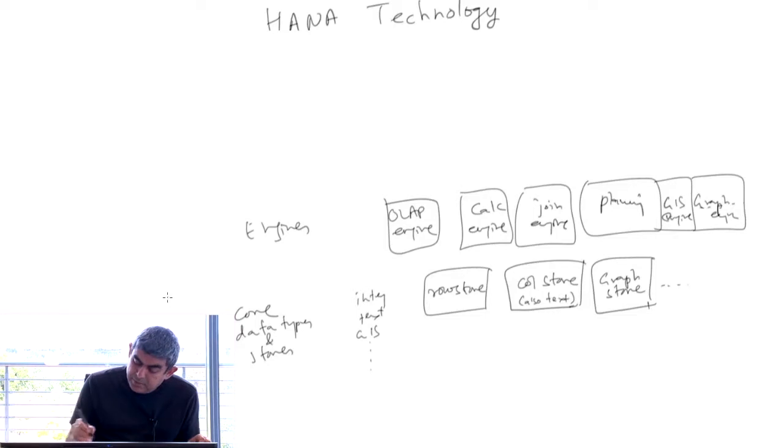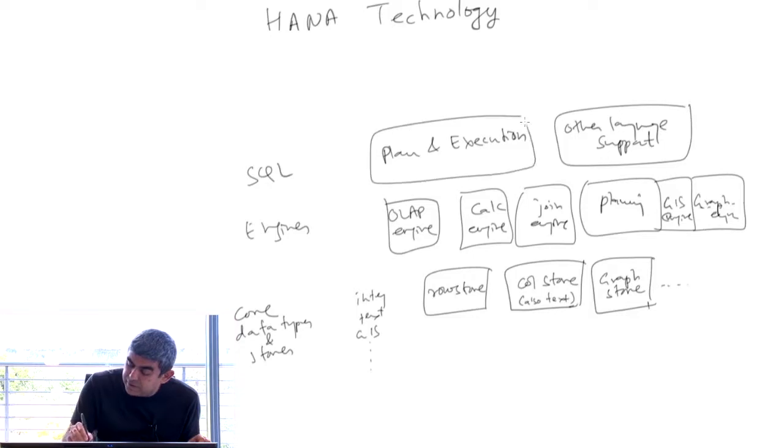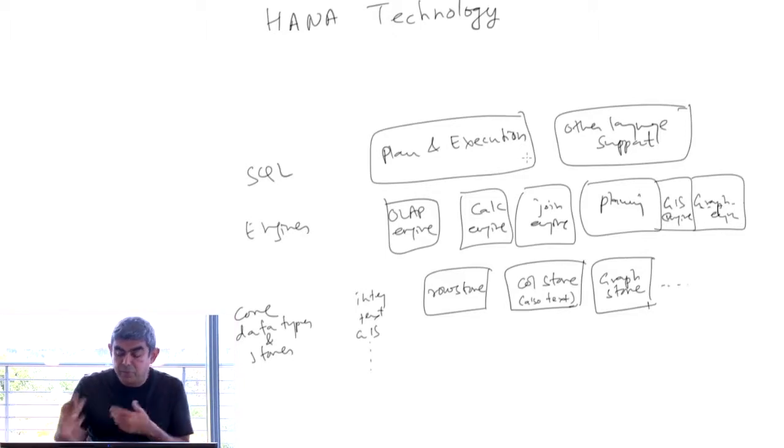And then we have SQL, so the SQL plan and execution, and other language support. MDX and the other languages, SQL script and stuff that I talked about. In fact, we have the ability to fully visualize the plans that we make in SQL and interactively be able to change them.